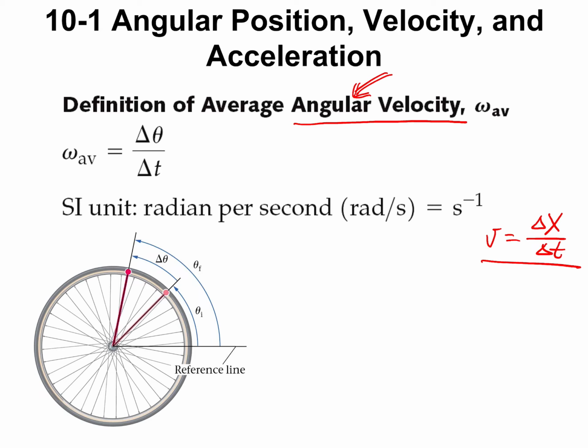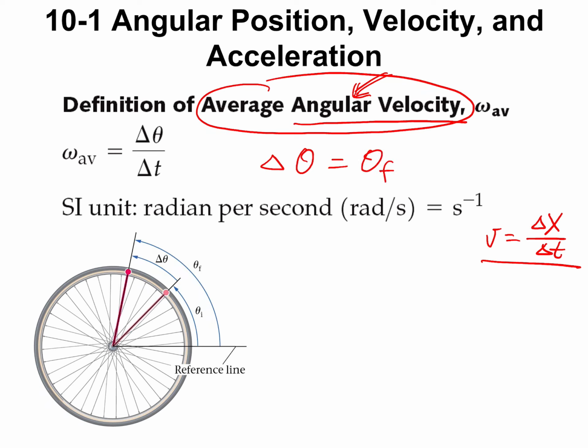Using the same approach, we define average angular velocity. Average angular velocity equals displacement over time, where displacement is final position minus initial position.